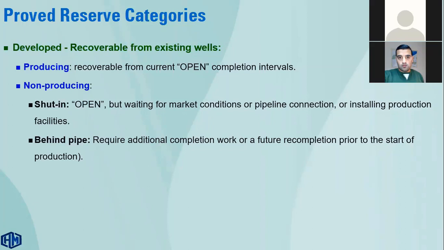Non-producing means we may have shut-in, which means we have an open completion, open perforation interval, while the well is closed, waiting for market conditions or waiting for installing production facilities, for example. While behind the pipe, as you can see, the reservoir will require additional completion work in the future.